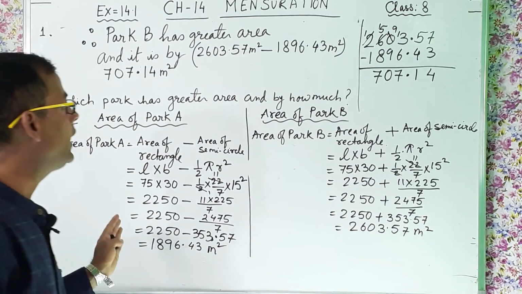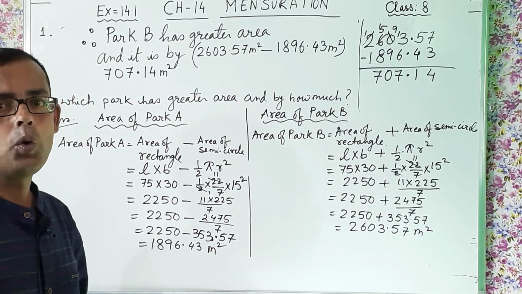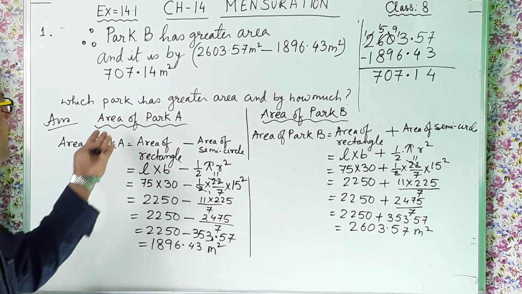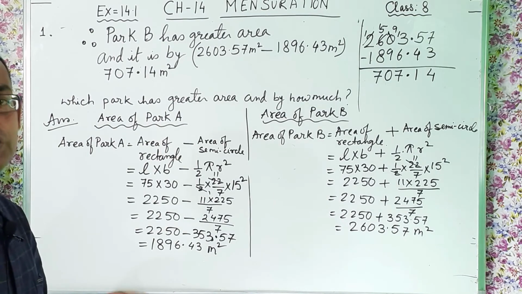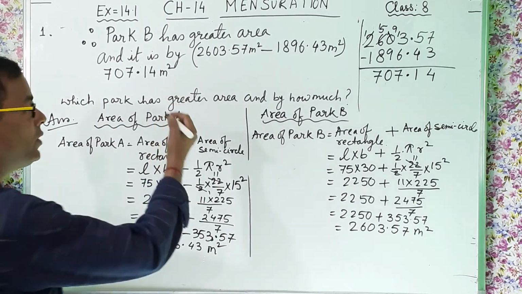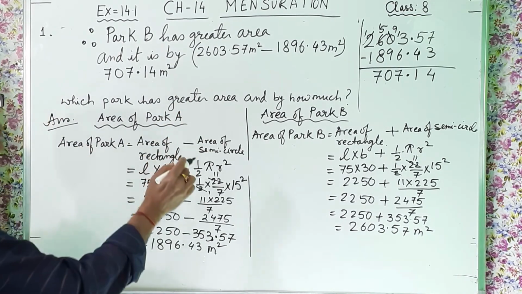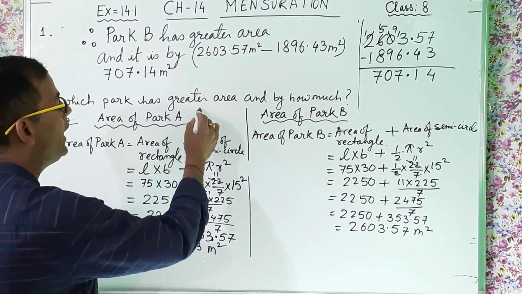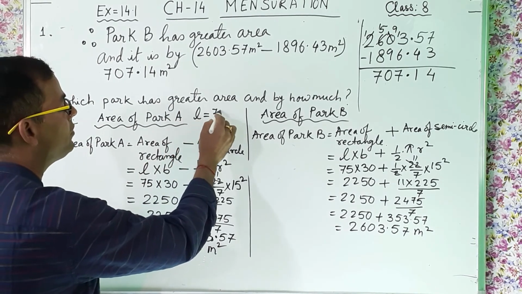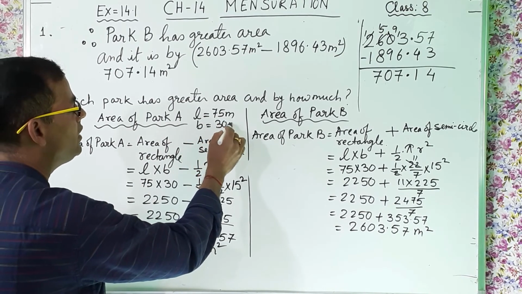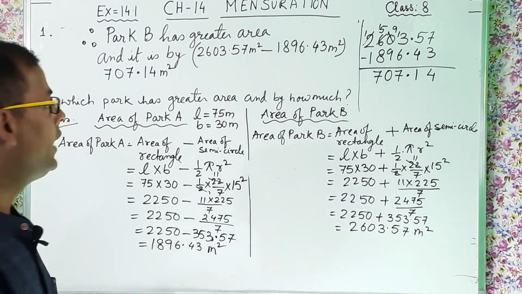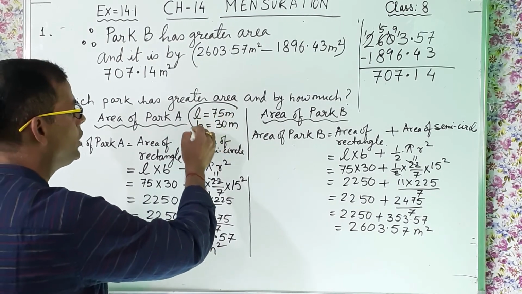Now, if you think that we will write more things, yes, you can write, like area of the park, the length was how much, the breadth was how much, that also you can write. Before writing the area of the park, you can write L is equal to 75 meter, B is equal to 30 meter, this portion you can write.